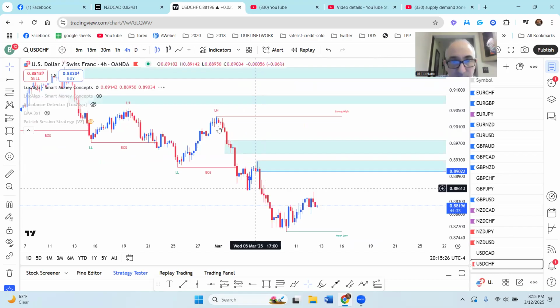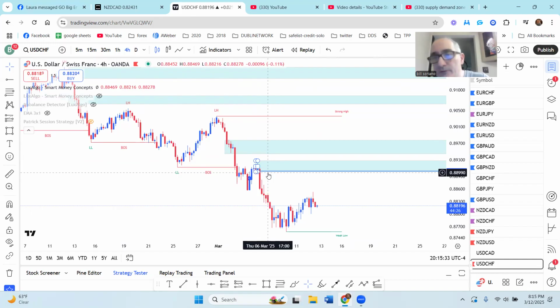USD-CHF is bearish, as you could see these breaks of structure here, right? This indicator helps you if you're a beginner, but unfortunately it doesn't show you all the breaks of structure or all the changes of character. Remember, a break of structure is just a continuation. It's called a break of structure if it's a trend continuation.